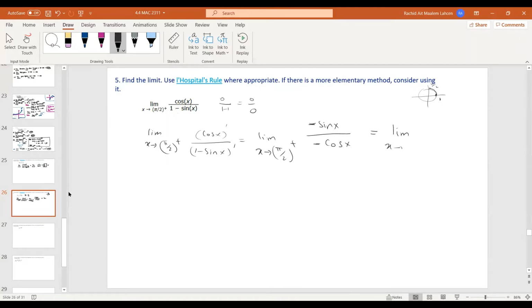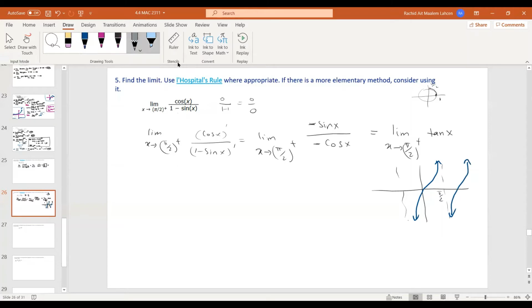So it's the limit as x approaches pi over 2 from the right side of tangent x. Here it's helpful to know how the tangent function looks. It repeats this pattern. From the right side of pi over 2, it is approaching negative infinity.